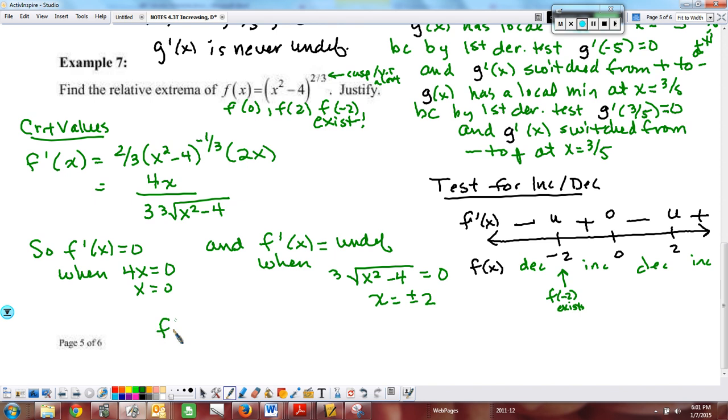So I would say f of x has a local min at x equal to negative 2 and x equal to 2. Let's get them both at the same time.